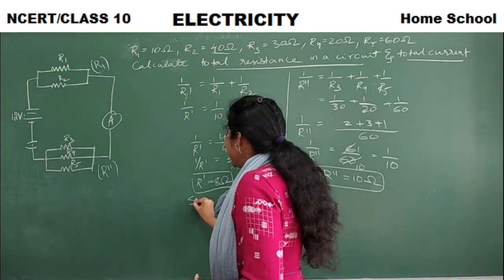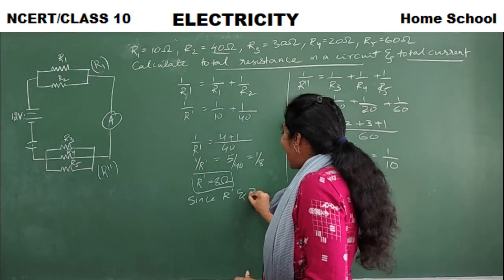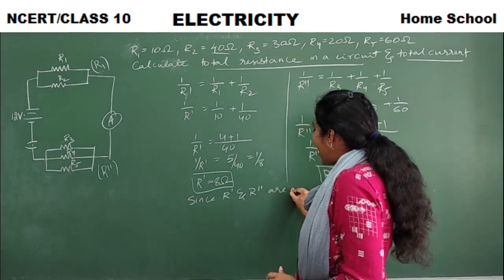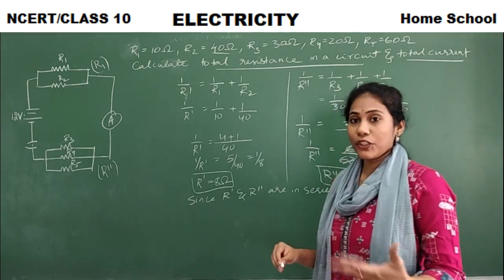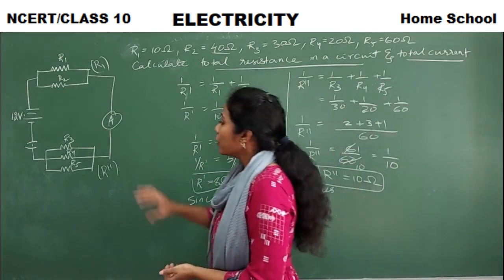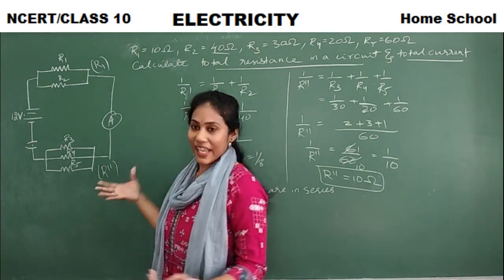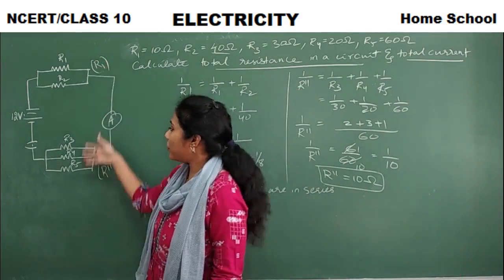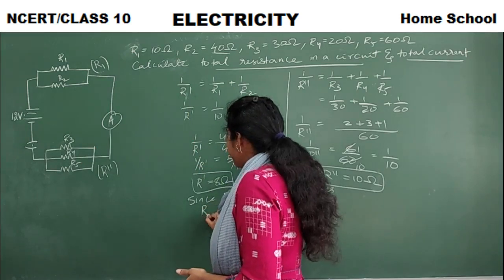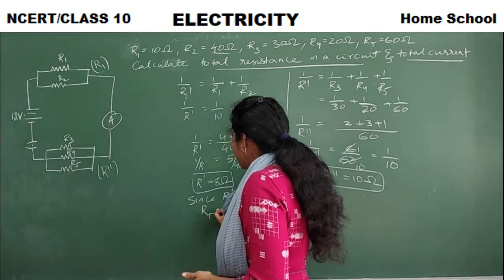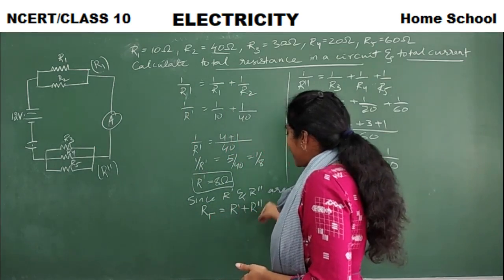So since R dash and R double dash are in series, what is the total resistance? Total resistance is nothing but R dash plus R double dash, because they are both in series. So R total is equal to R dash plus R double dash.